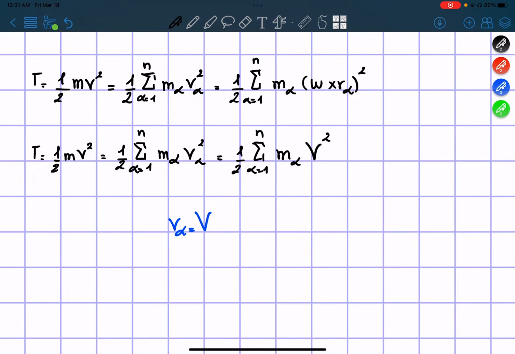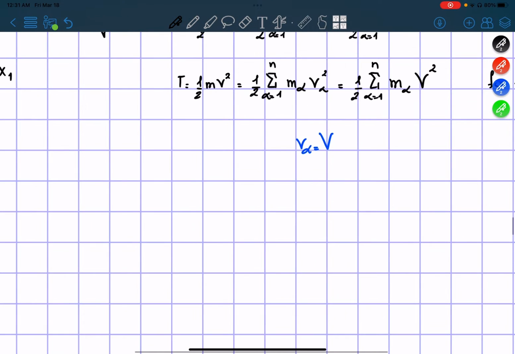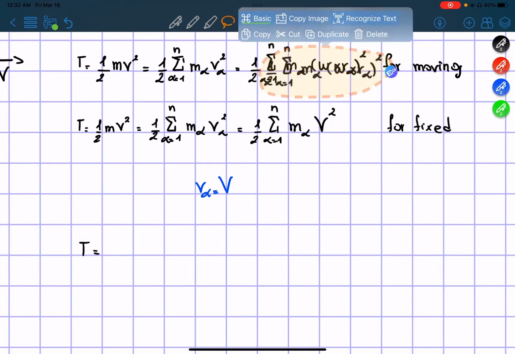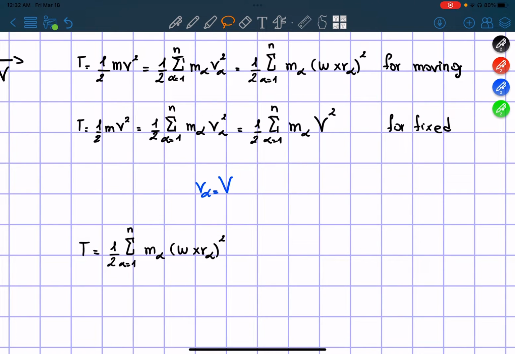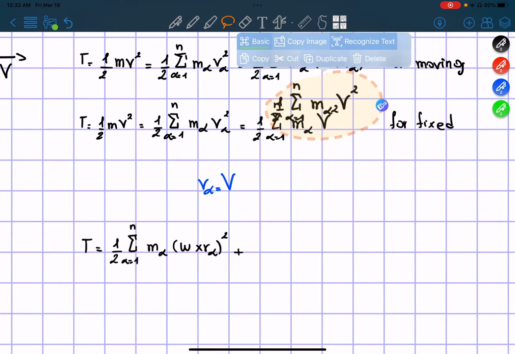Now this would be the kinetic energy for the fixed system, and then this one is for the moving one. So if we put it together, the total will be equal to the first one plus the second one, right? I think so far everything's clear.